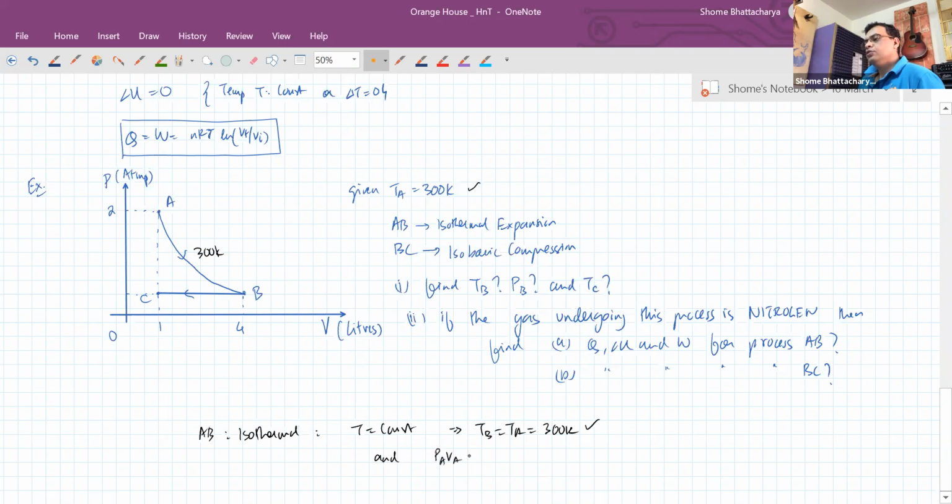Product of pressure into volume is constant. So therefore pressure at B will become 0.5 atmospheres.